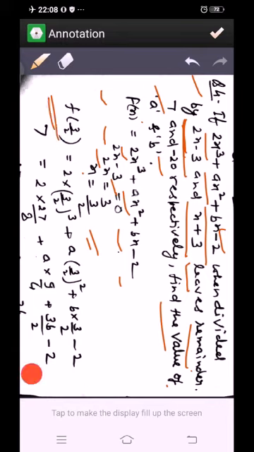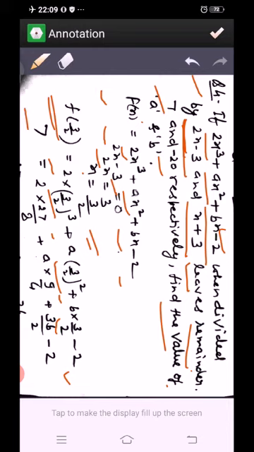We are putting 3 by 2 in place of x. So 2 into 3 by 2 whole cube, plus a into 3 by 2 whole square, plus b into 3 by 2, and minus 2. On solving we get f(3 by 2) is given as 7.